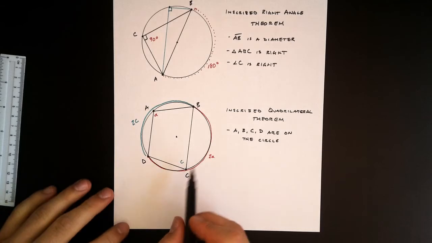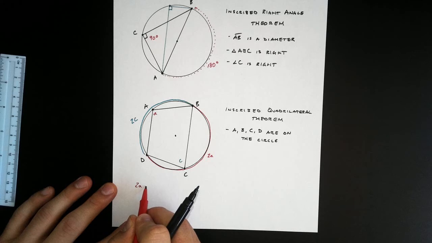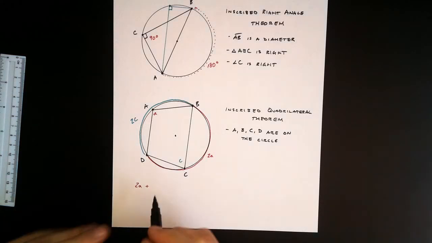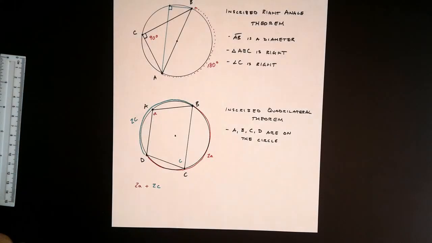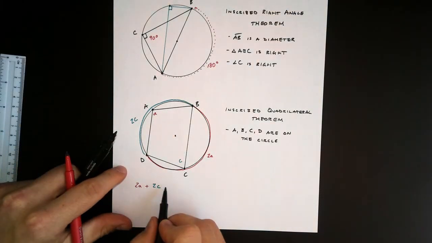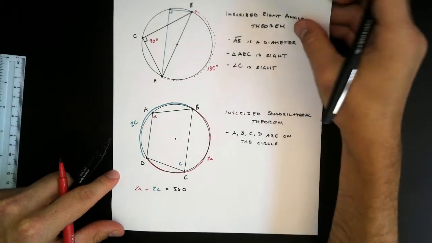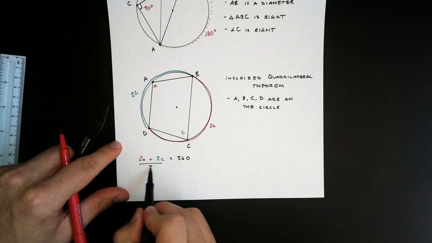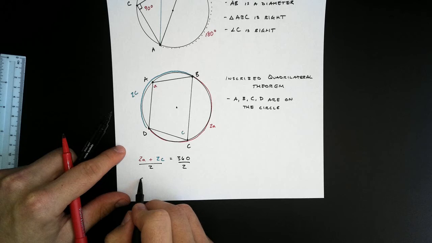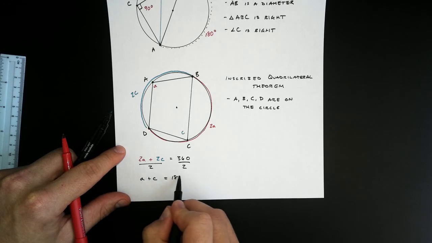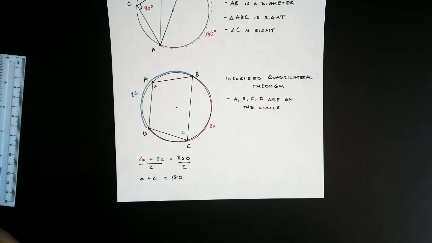Okay, now if I combine those two things together, we know that 2A plus 2C makes up the entire circle. And the entire circle is 360. And now if I cut that in half, since everything is a factor of 2, that tells me that A plus C has to be 180, which means that those two angles are supplements to each other.